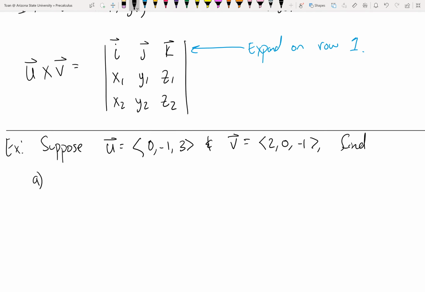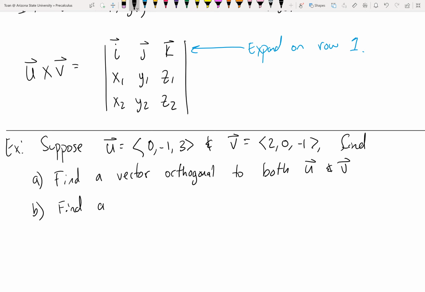Part A. Find a vector orthogonal to both vector u and v. And part B, find a unit vector orthogonal to both u and v.